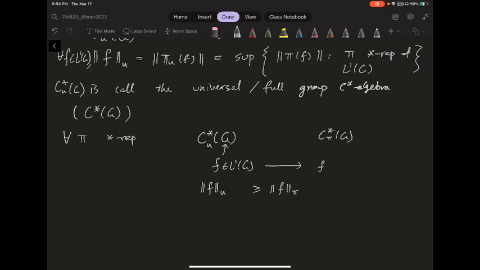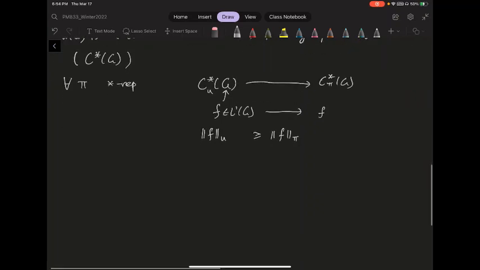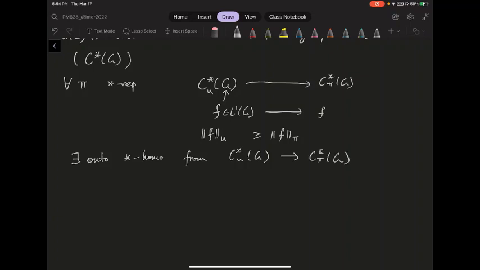Pi is just one star representation. So you always have an onto star homomorphism between these two C star algebras. There exists an onto star homomorphism from your universal one, the full one, to the C star pi of G. That justifies why it's sometimes called the universal one. In the category of C star algebras, this is the universal object for the group C star algebra.